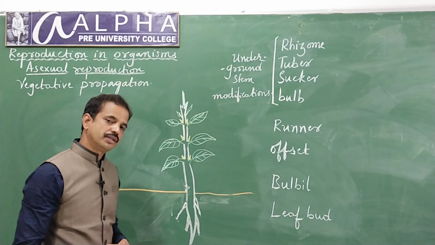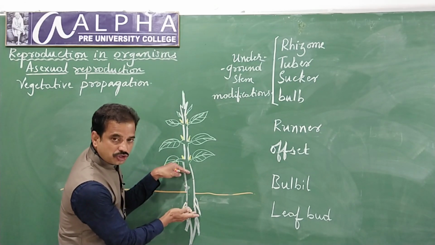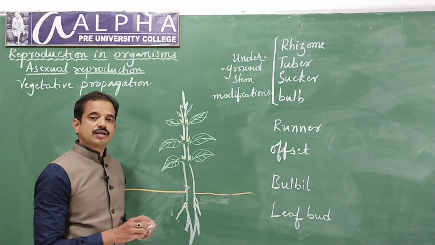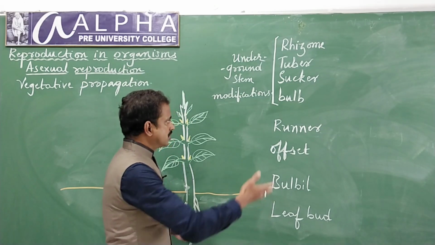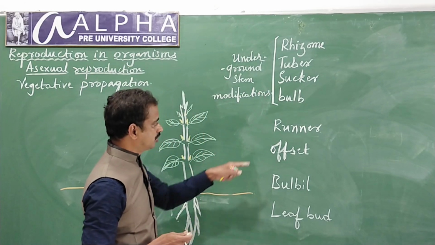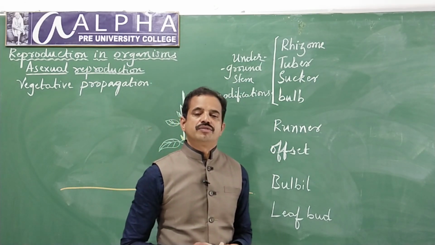You see here I have marked this as an underground stem modification. I told you that in the previous class. A basal part of the stem may be retained by the plant inside the ground, and it may produce branches which will undergo modification to produce this type of structure. But here one difference with respect to runner and offset is that these are not underground stem modifications.